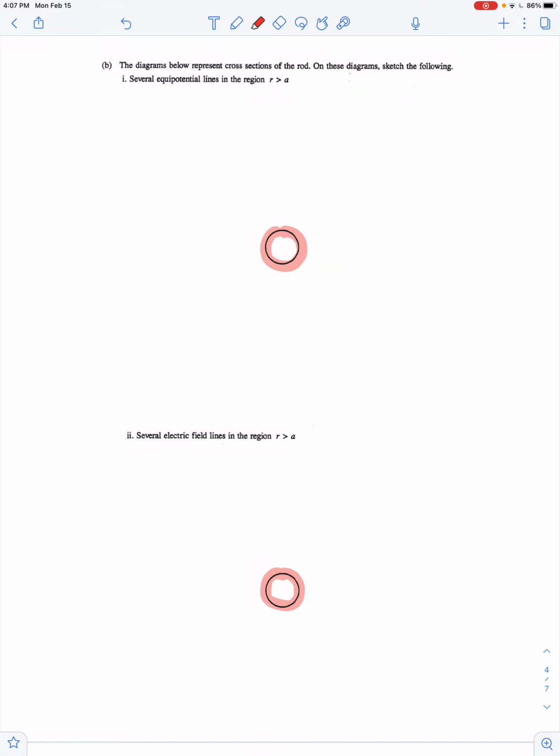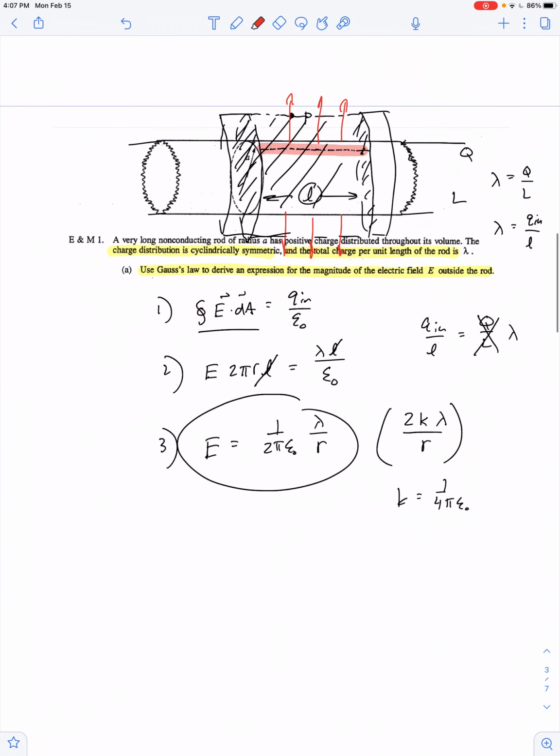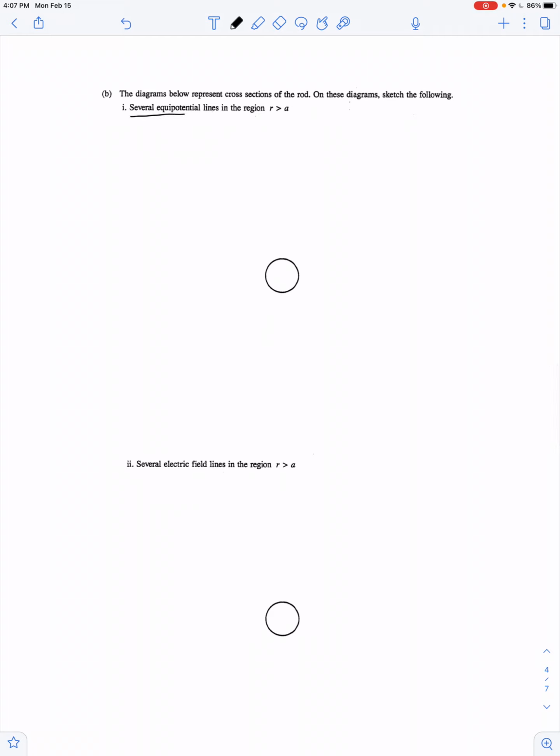These two circles both represent a cross-sectional view of the rod. So with our eyes looking this way, we see the cross-section, and we have to draw several equipotential lines in the region outside. So let's draw the equipotential lines in red.